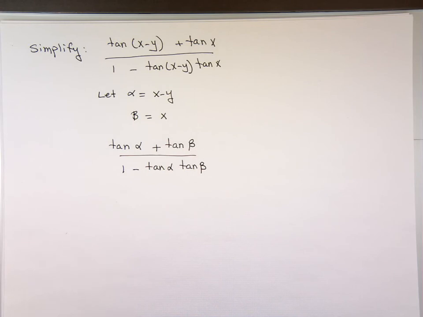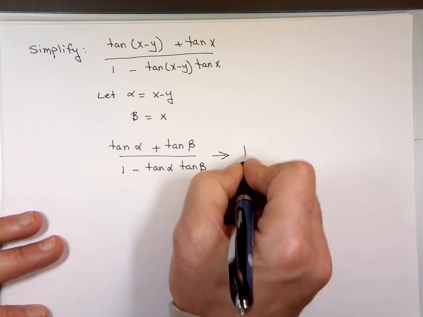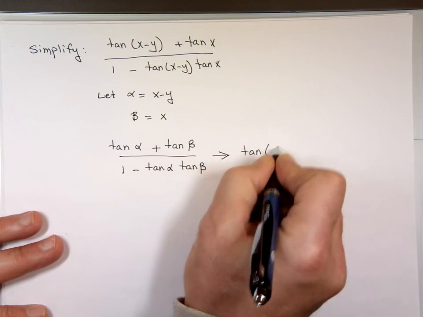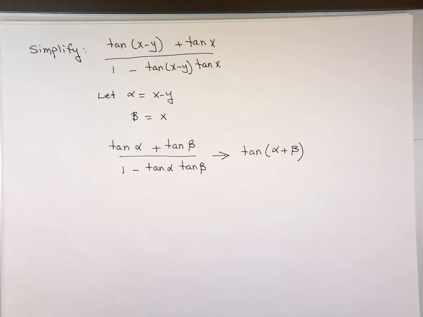And again, we have a trig identity for this. This is tangent alpha plus beta. If you look at the notes, that's what tangent alpha plus beta is.